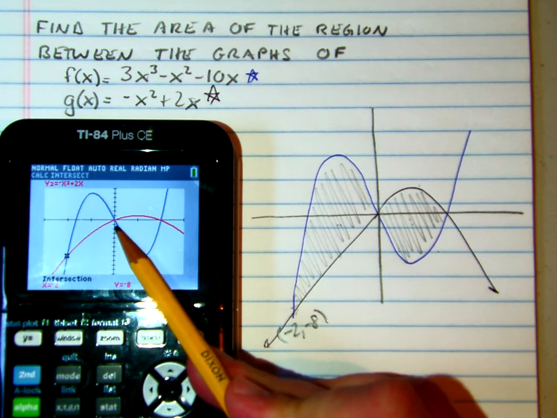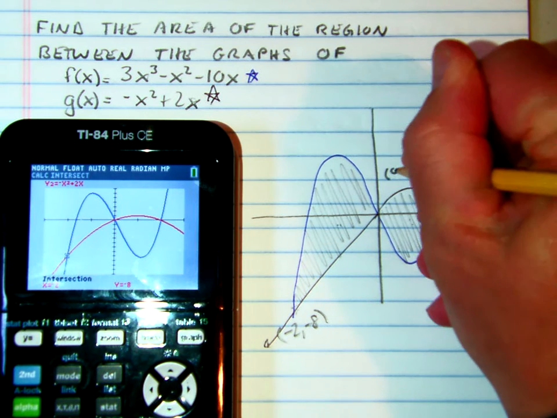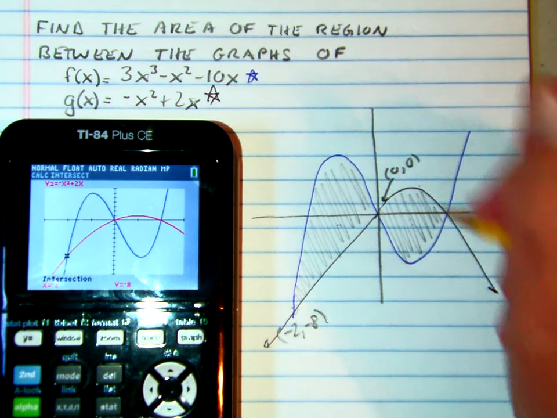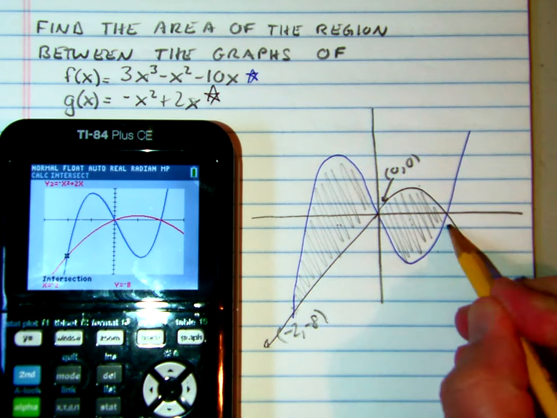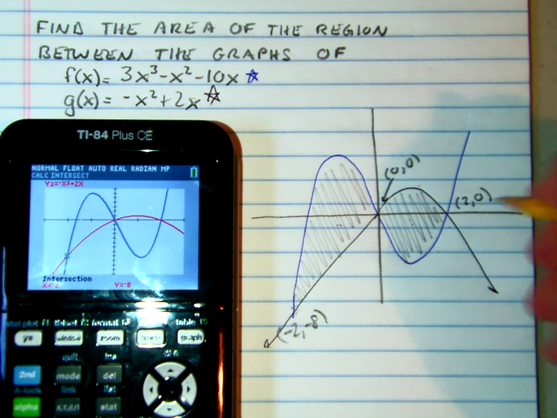This one appears to cross at 0, 0, and if you check it, it actually does. And this one appears to cross at 2, 0. And if you check it, it does. So those are our 3 points of intersection.